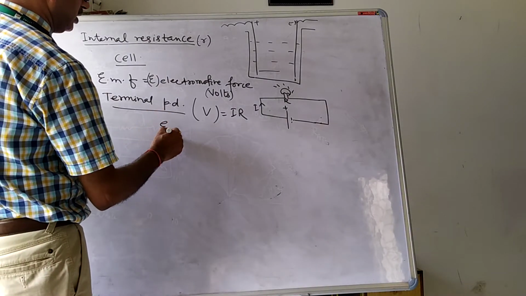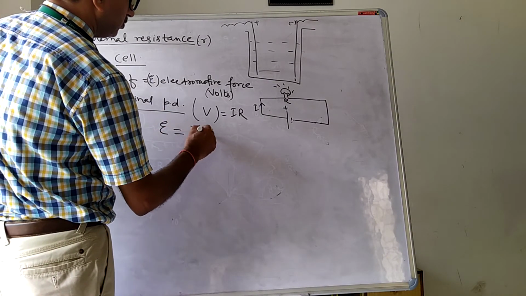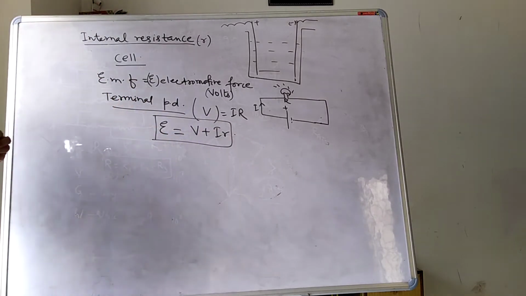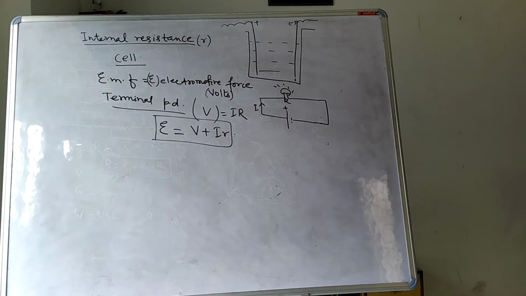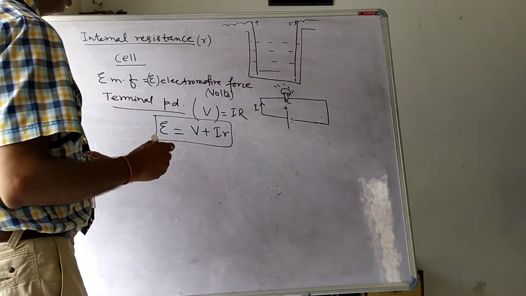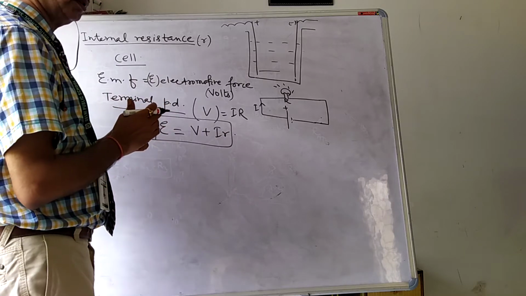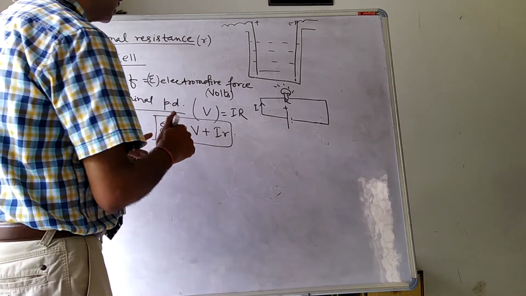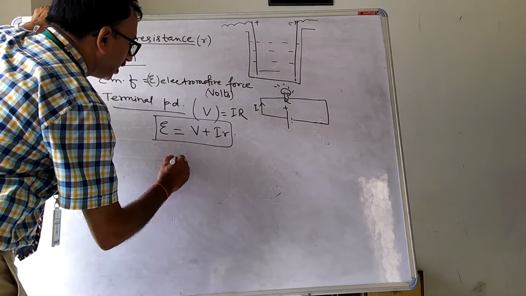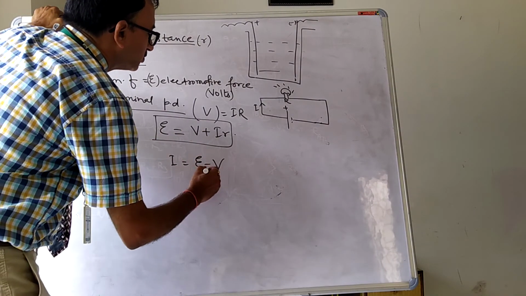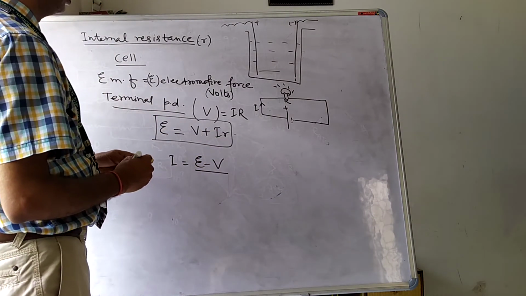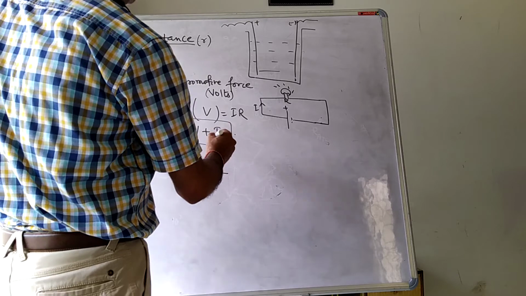And the E.M.F. E will be V plus Ir, where r is the internal resistance. So what will be the current in the circuit where there is an internal resistance? I will be (E minus V) divided by r. You can see from here.